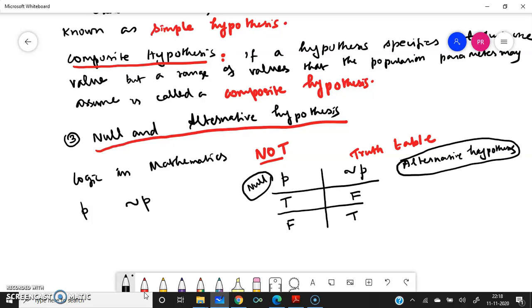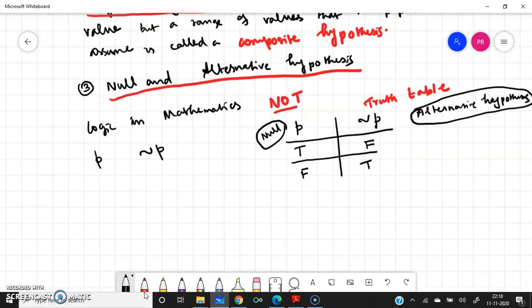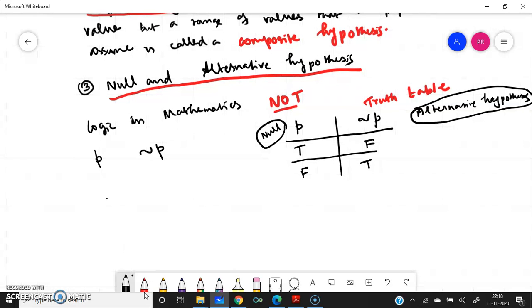So I will check everything with the null hypothesis. Statistically, I will test the null hypothesis. If the null hypothesis is true, then the alternative hypothesis is false.